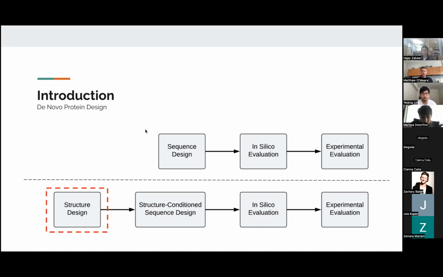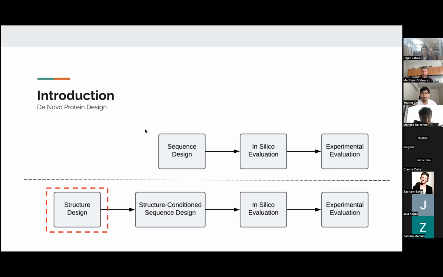Let's consider the 3D structural space, and think about how we can model that structural space such that we are able to sample from that foldable protein structure space. Once we have that structure, the next thing is that we could design the sequence based on this structure and then go through the same process of in silico evaluation and experimental validation.